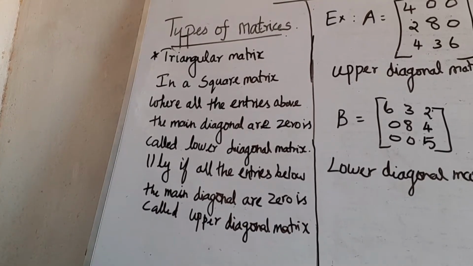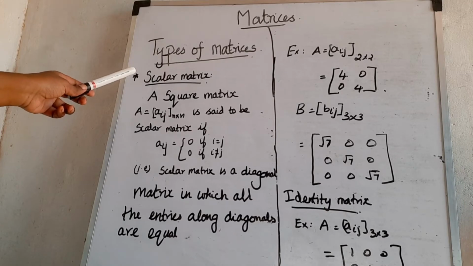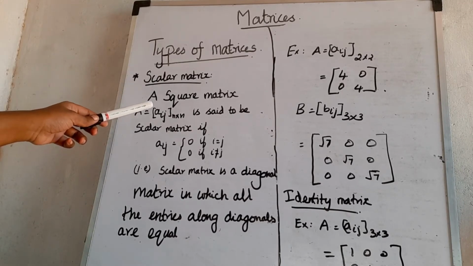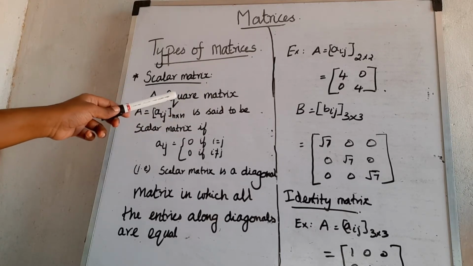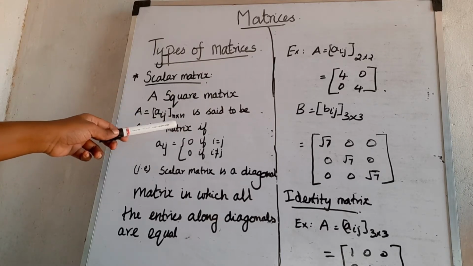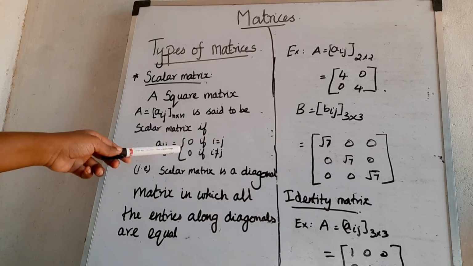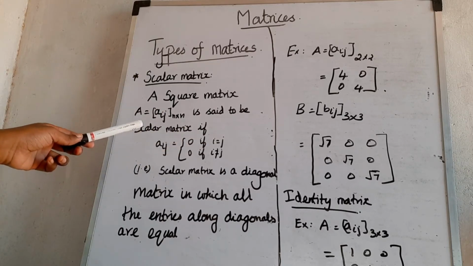The next one is a scalar matrix. A square matrix A = [aij] n × n is said to be a scalar matrix if aij = 0 when i is not equal to j, and aij is the same constant when i is equal to j.